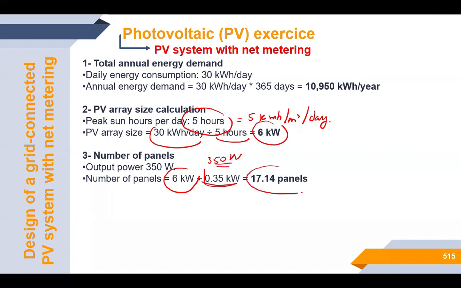It gives about 17.14 panels, so we can round it up to 18 panels. So the number of panels is about 18 panels.